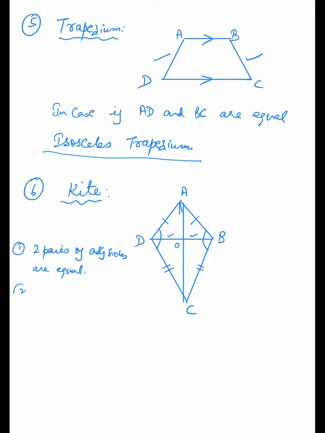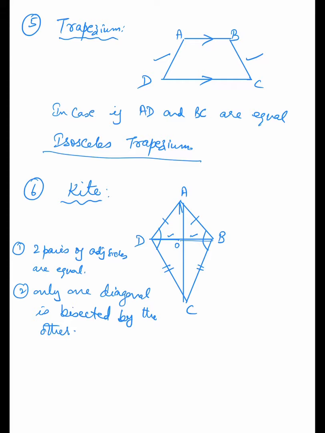So only one diagonal is bisected by the other diagonal. I mean, both the diagonals do not bisect each other. BD does not bisect AC, but AC bisects BD. It divides BD into two equal parts, BO and OD.